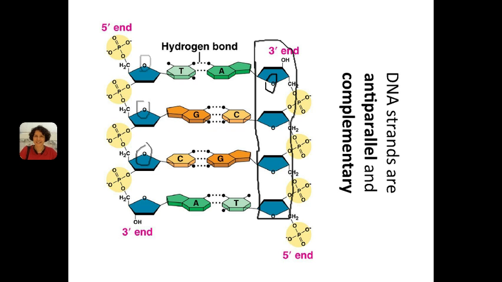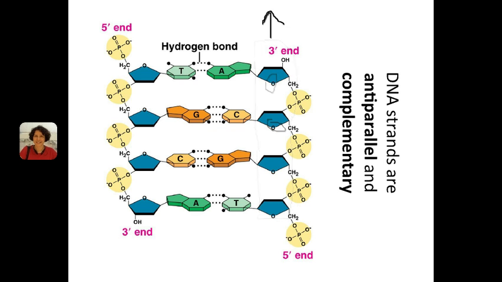So one side is oriented in the opposite direction of the other side. So let's say if we're putting an arrow this way for one side, then it's going to be that way on the other side.